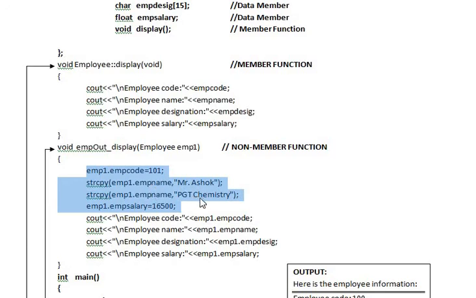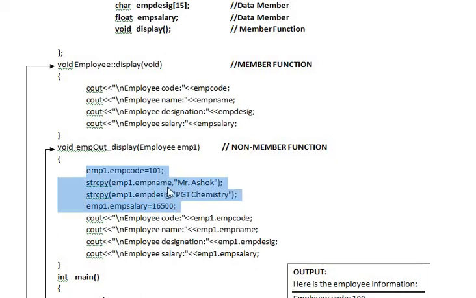The third statement assigns the value PGT chemistry to the data member emp name. Sorry, it should be emp desig. Okay. The value PGT chemistry shall be assigned to the data member emp desig. And then the value 16,500 shall be assigned to the data member emp salary.